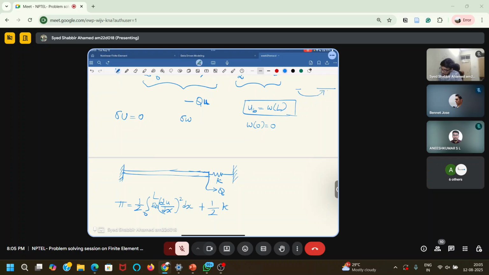Because the force is being applied, the spring will also undergo some deformation and store some energy, which will be equal to half into k into u of L squared. You can write it as u of L squared.